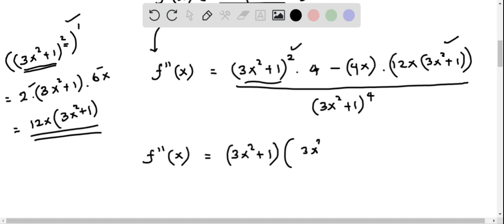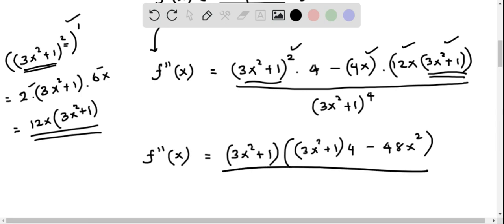So I write 3x squared plus 1 times 4 minus, if I factor this expression, I'll be left with these two products, that is 4x times 12x, which is 48x squared, and this is over 3x squared plus 1 raised to the power of 4.